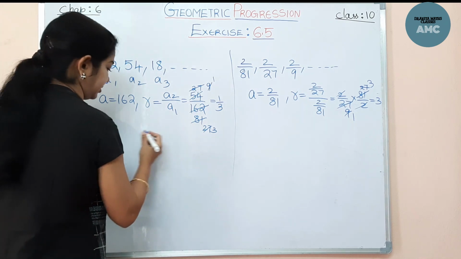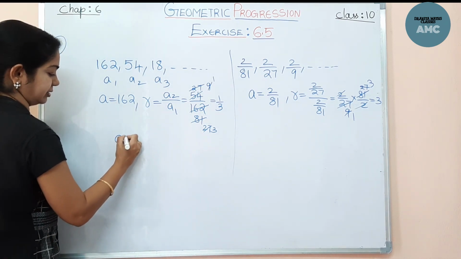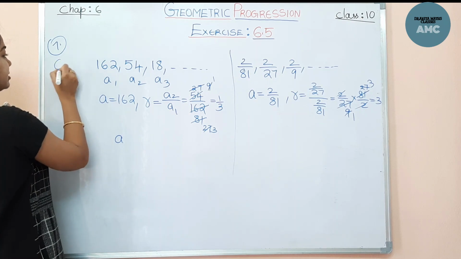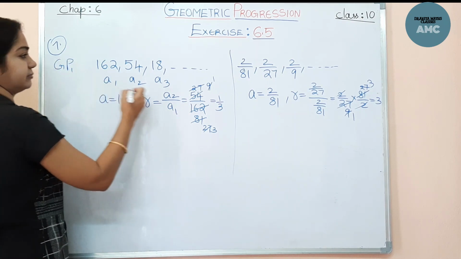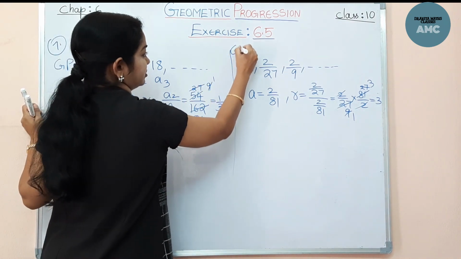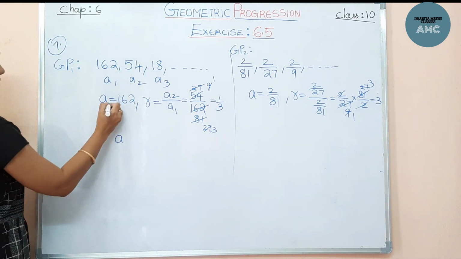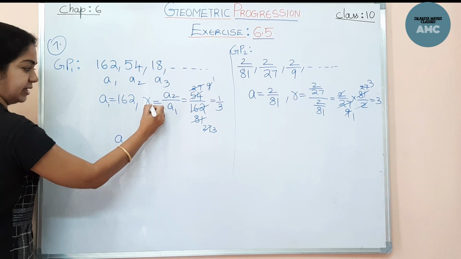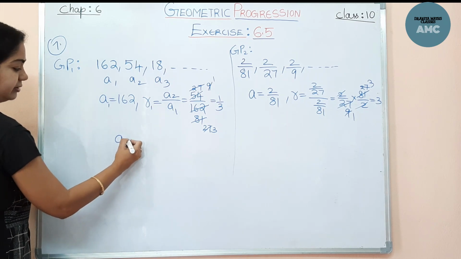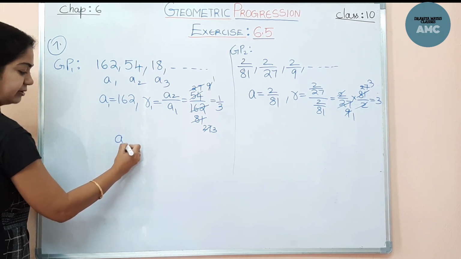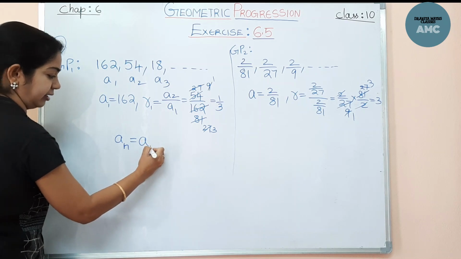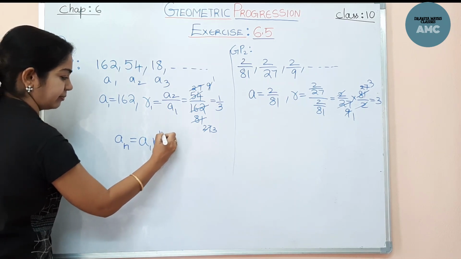But they ask for the nth value. Here, if I suppose this as GP1 and this as GP2, the second series, right? GP1, GP2. So this is my A1, let this be R1, A1. Now I will find the nth term: An equals A1 R1 to the power n minus 1.